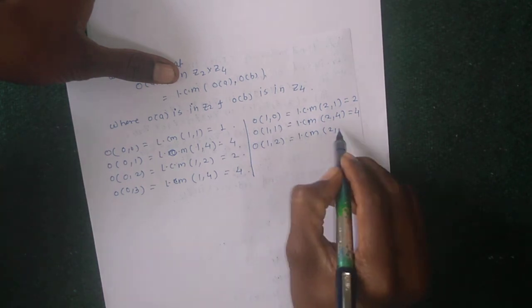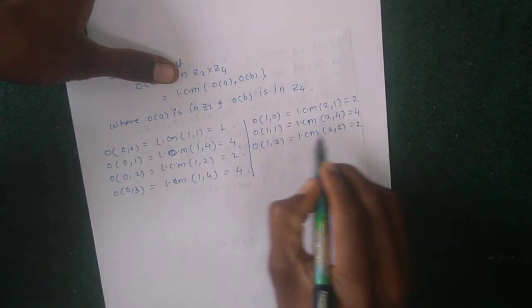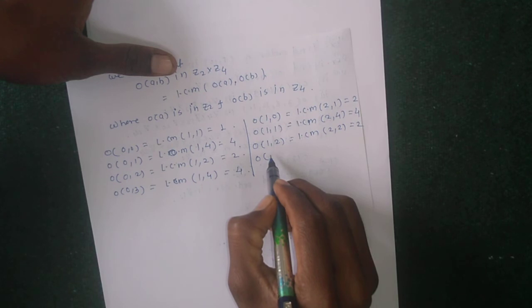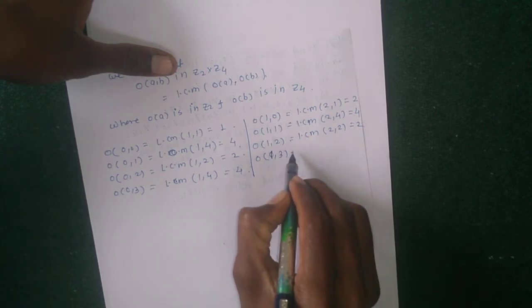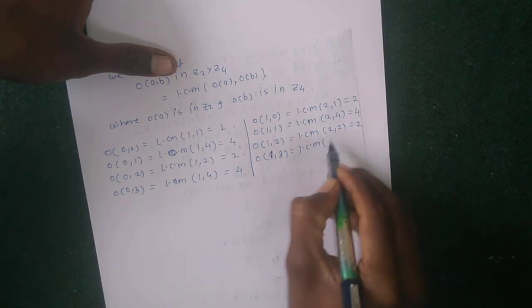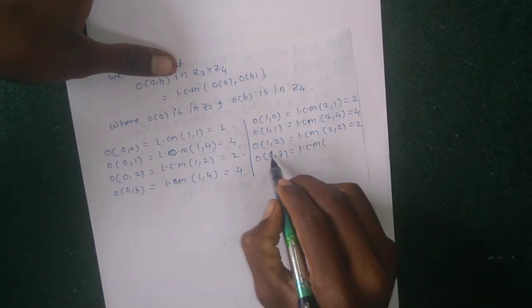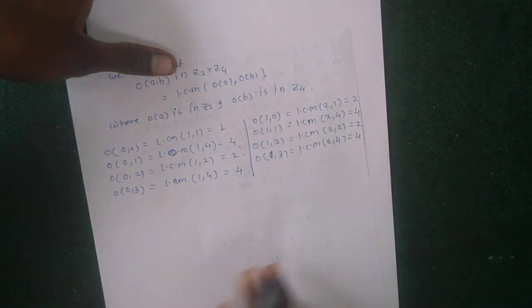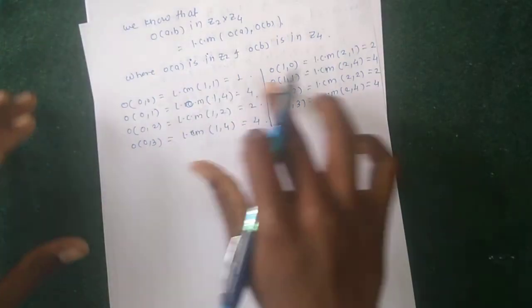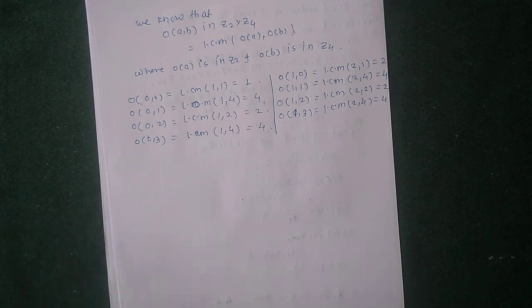And the order of (1,3) is the LCM of 2 and 4, so their LCM is 4. Okay, so this is the order of each element in Z2 cross Z4.